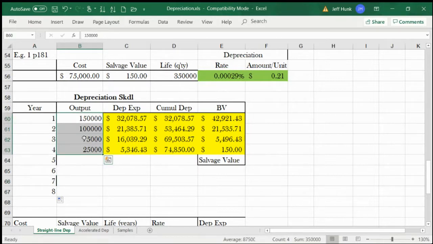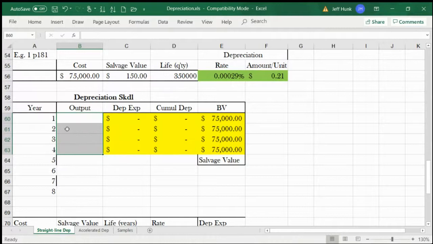That means the output declined over 8 years, and still the sum would be 350,000. So how should the output look? Of course, if we use actual data, if we have an actual company model and actual data, right?